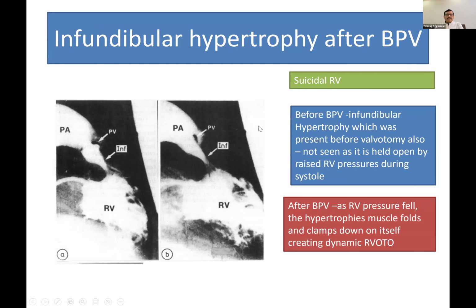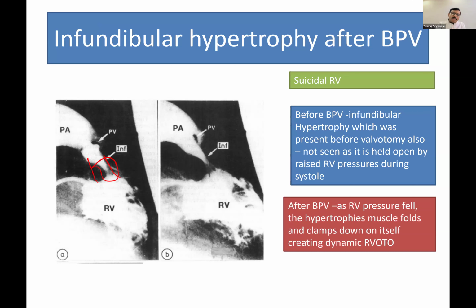Before BPV, infundibular hypertrophy was there also, but not seen because raised RV pressures keep this open. So infundibular hypertrophy is not seen, though it was already there before the BPV, because of raised RV pressure.